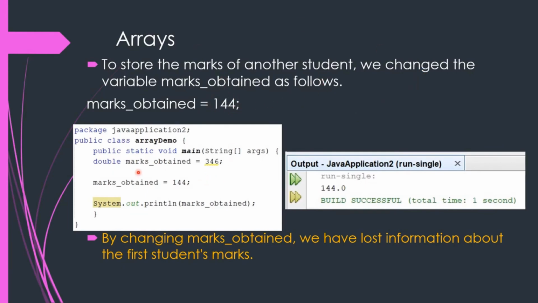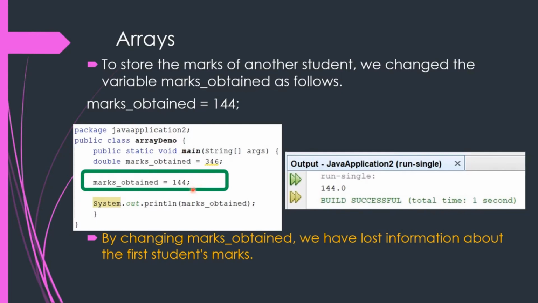You can see that we have not done any editing in the previous statement, double marks obtained is equal to 346. We have only added a new statement, marks obtained equal 144, because we have already declared and initialized the variable, so we can directly change its value here.